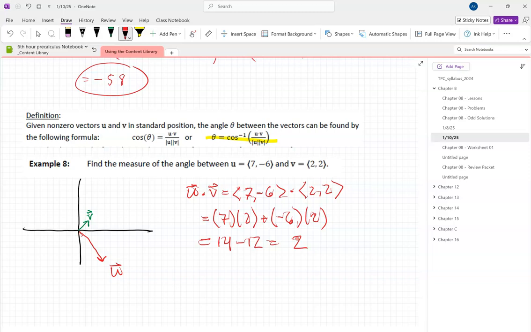So I get 2 for the dot product. Then I'm going to need the magnitude of u. So 49 plus 36 is 85. And I need the magnitude of v.